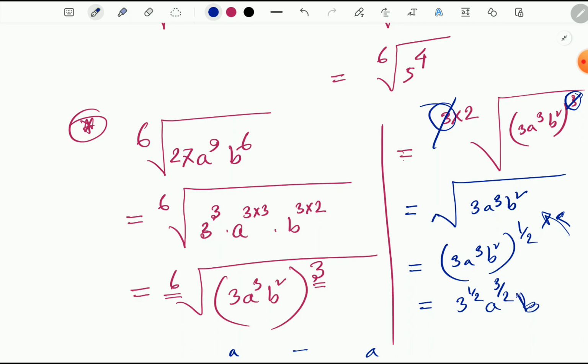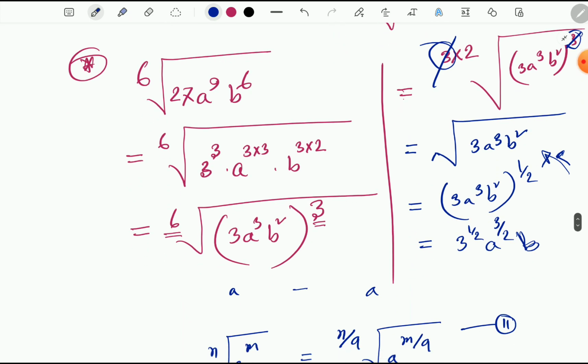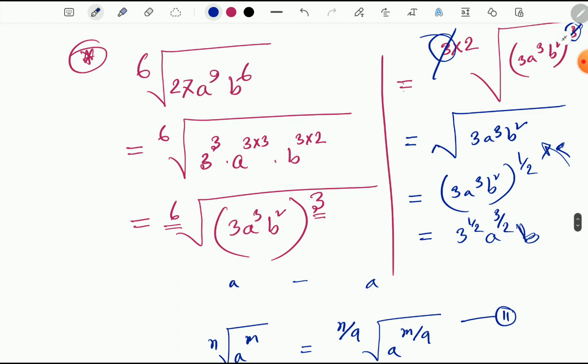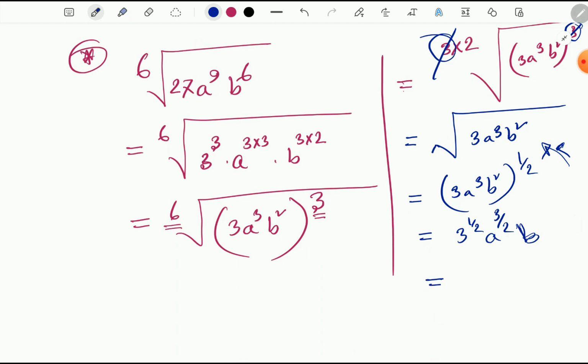Then what else? We can write, what more ways? Let me think. We can write 3 root 3 root a cube b. So this way is also possible.